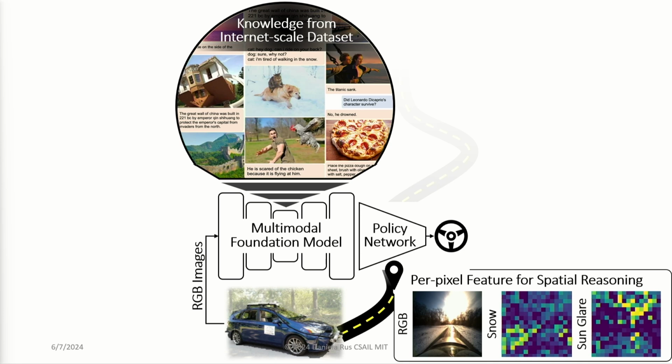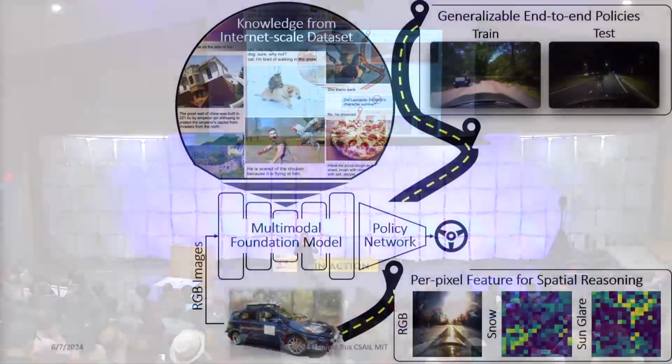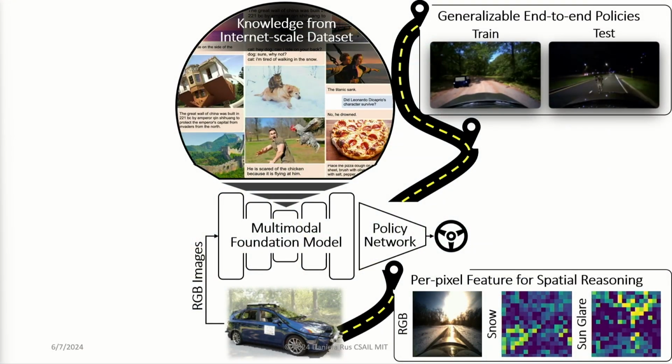Well, the physical perceptual system of the vehicle can be connected to textual descriptions that represent abstractions, such as snow, sun glare, tree, or any other abstraction you can express into a word. And then we can take these descriptions and we can reason back and forth between them.